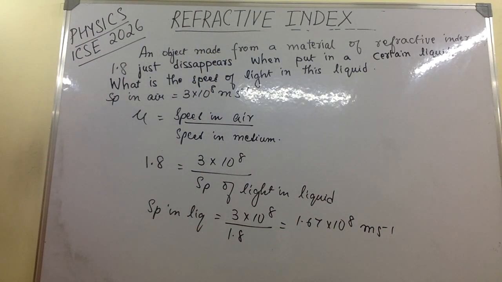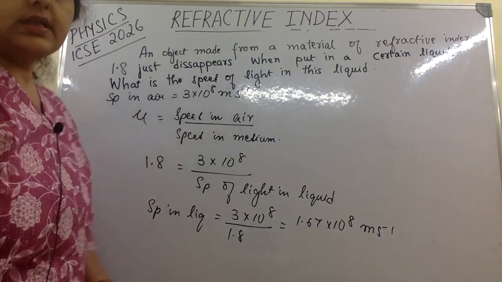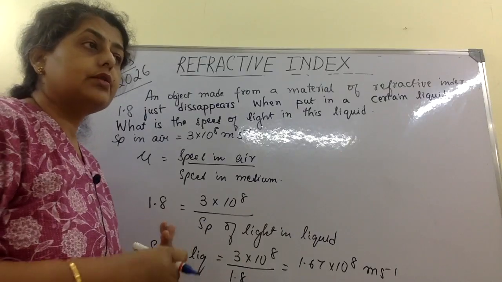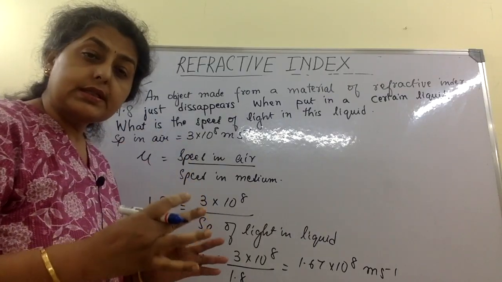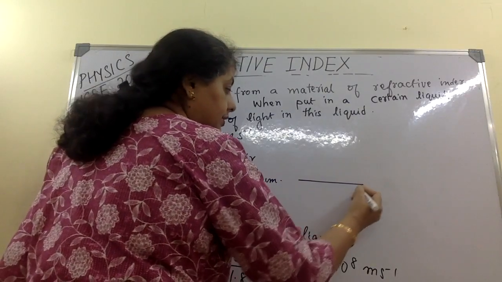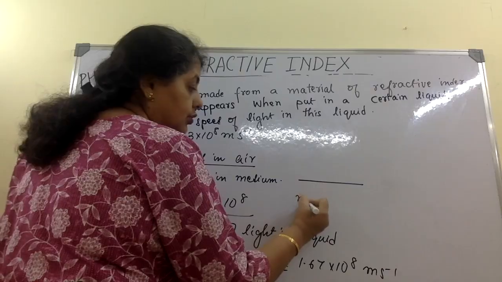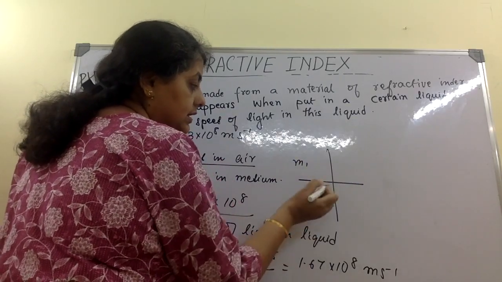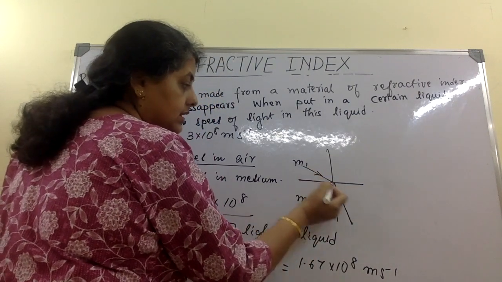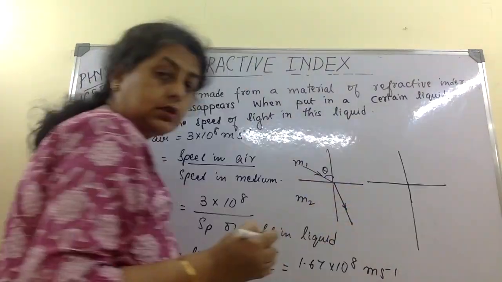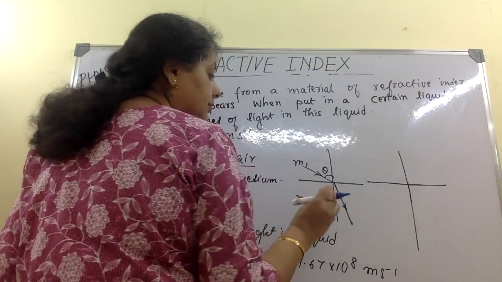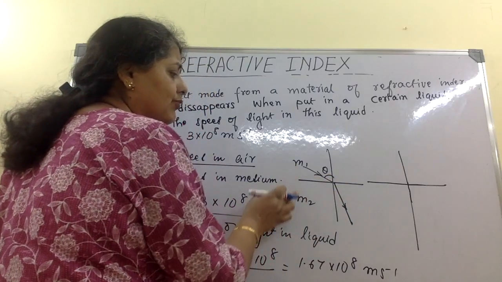Actually, let us first understand what refractive index is, because these concepts come in many questions. Supposing you have medium 2 here and medium 1 here. This is the normal. A ray comes like this and then it bends like this. This is the incident ray, here is the refracted ray. Now we can have another medium.